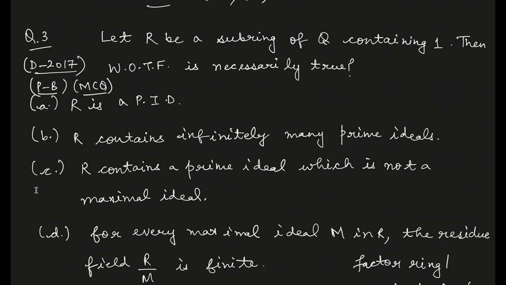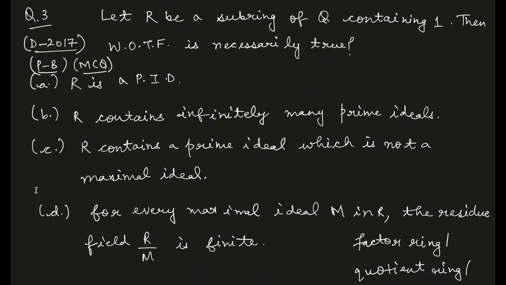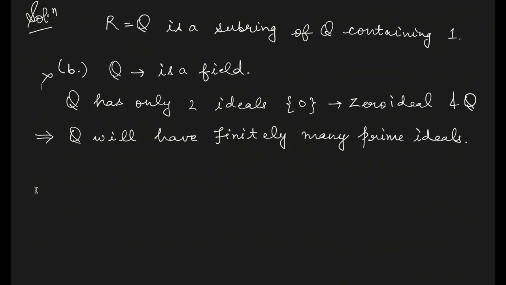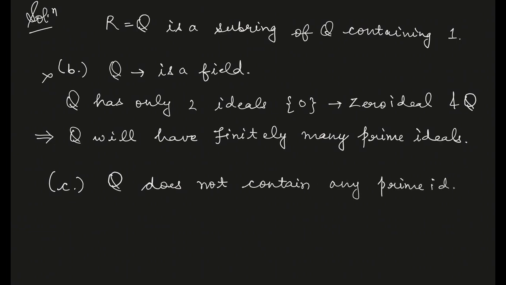Now option C, Q contains a prime ideal which is not a maximal ideal. Q does not contain any prime ideal which is not a maximal ideal.